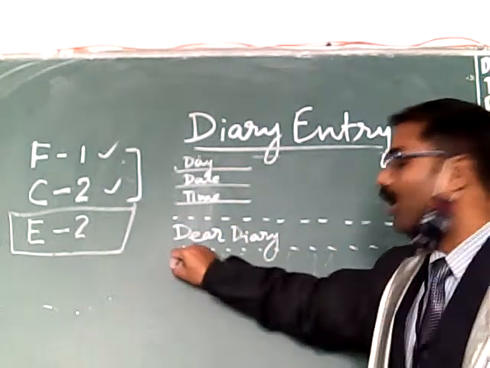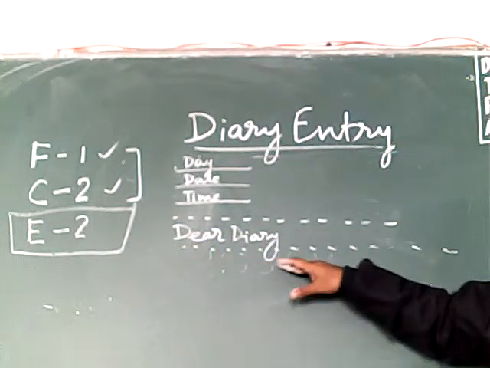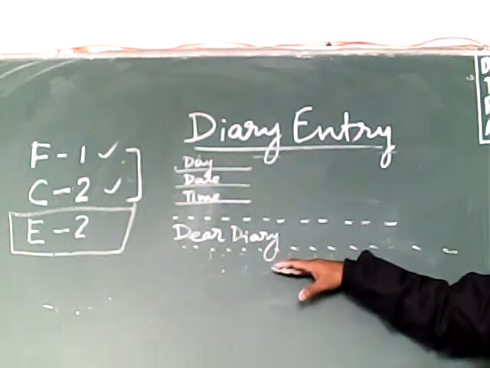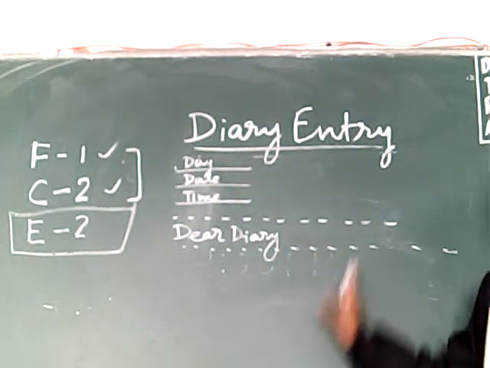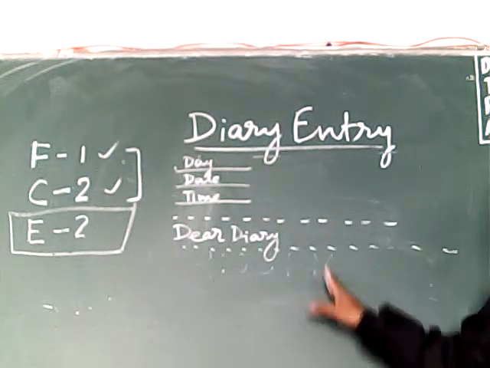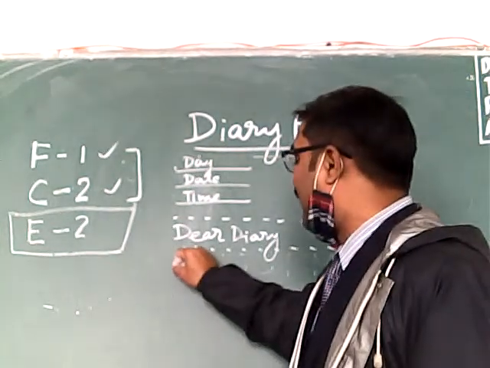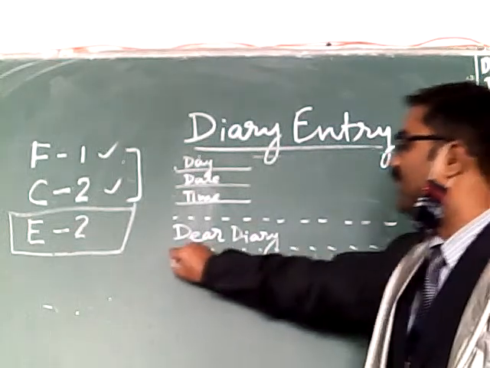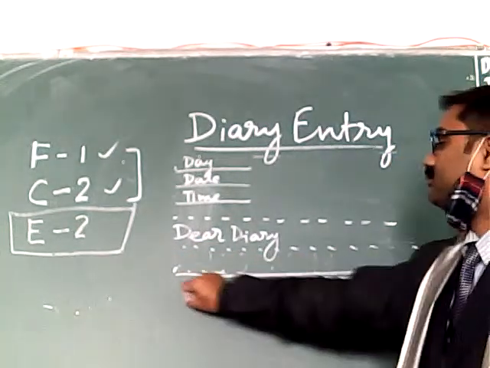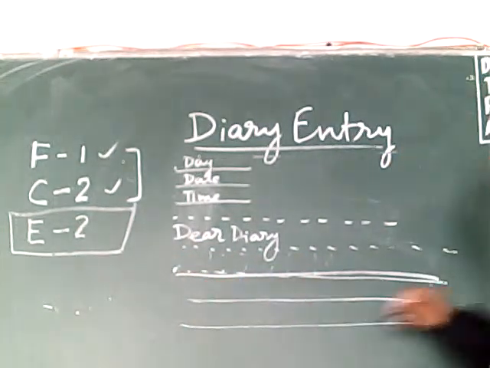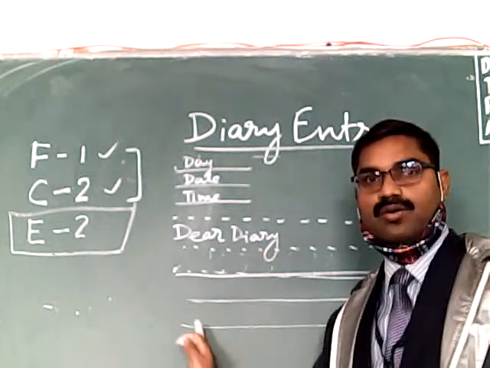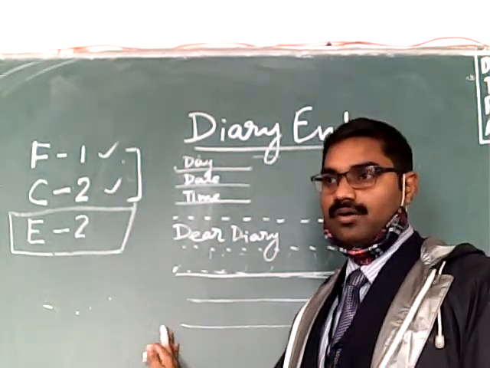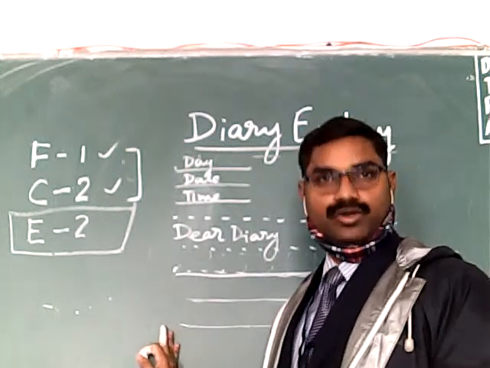And then if you want, you may give any title or heading to your piece of writing. It is optional. Next, you will start the paragraph in the next line. It should be written in about 120 words, or whatever word limit is given in the question paper.